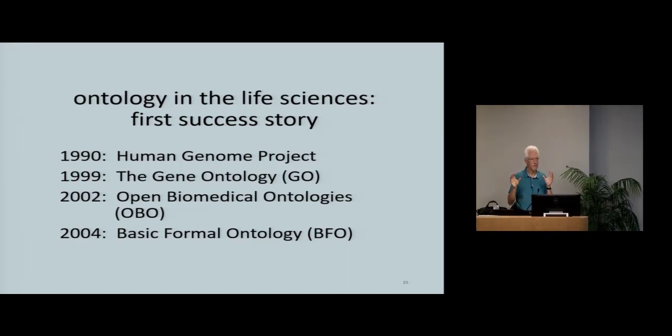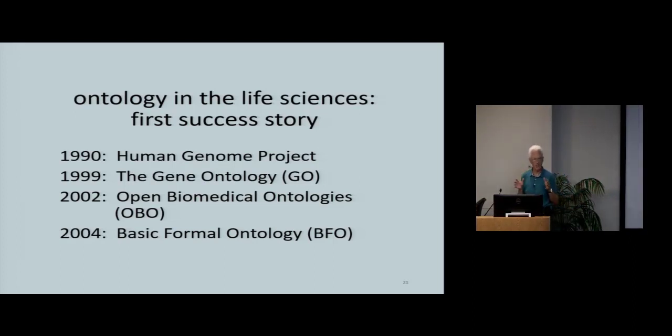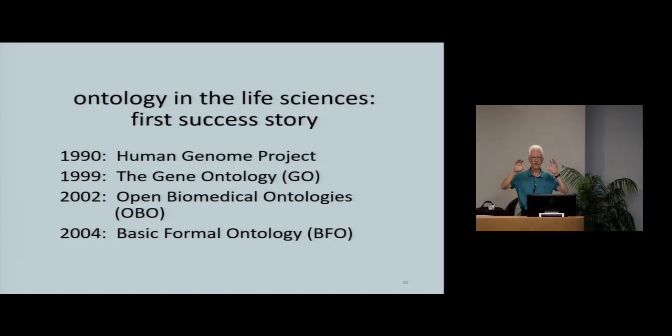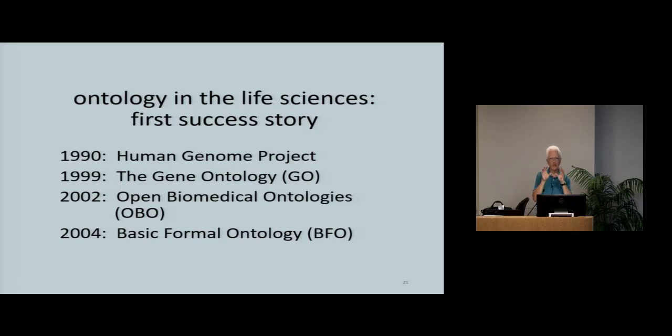In order to enable this kind of model organism biology to succeed, therefore, you needed a common terminology, a computable terminology, to describe biology across species. So you need a species-neutral biological vocabulary, which you can then use to tag gene sequence data.